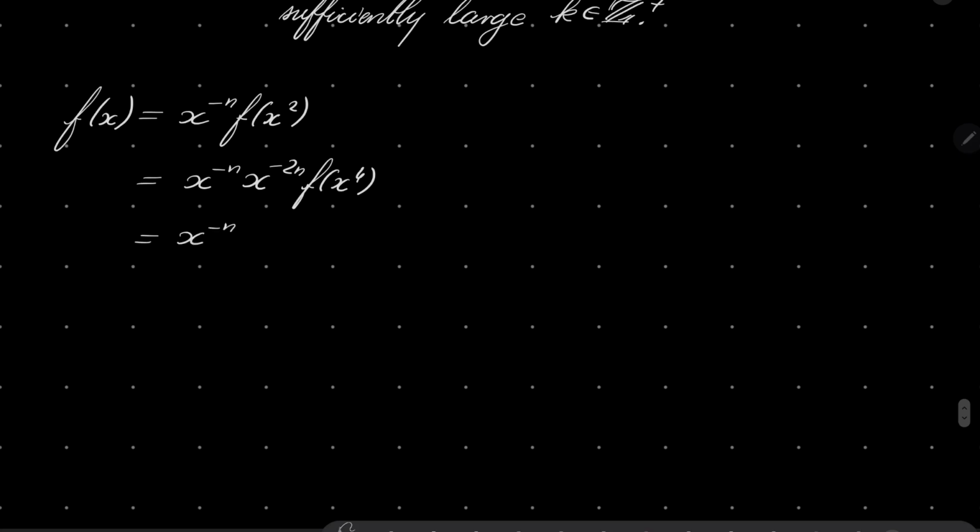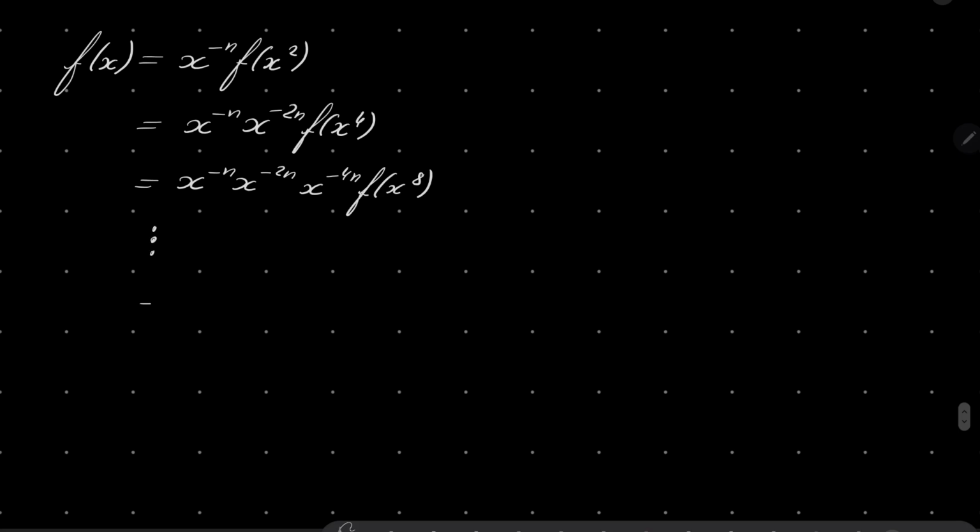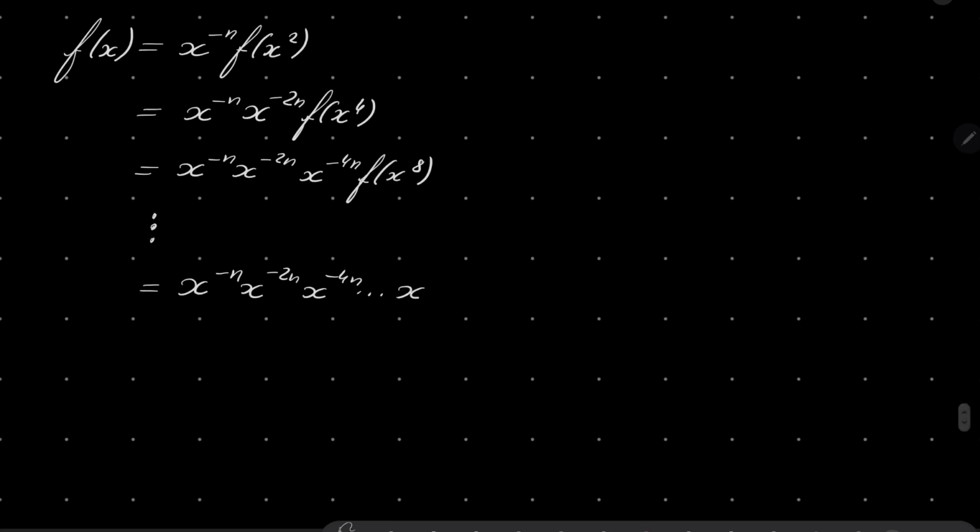That in turn can be replaced by x to the power minus 4n f of x to the 8th power, and so on and so on and so on. In the end, we can go as far as we want, but I wish to go to the power minus 2 to the power k minus 1 times n, f of x to the power 2 to the power of k.